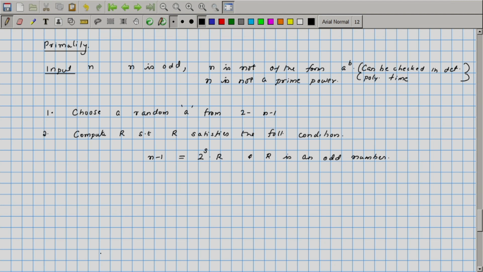Notice that this can be done in only one particular way. For any number, you just take out all the powers of 2 from it, and whatever remains, that is what we call r. And this can of course be done in polynomial time, and since n is an odd number, n minus 1 is going to be an even number.